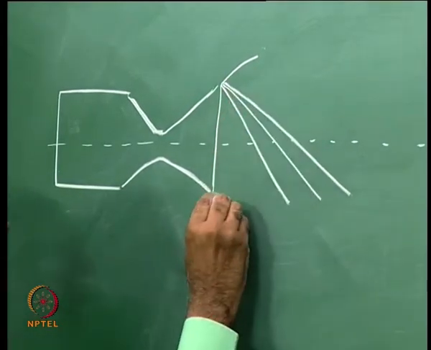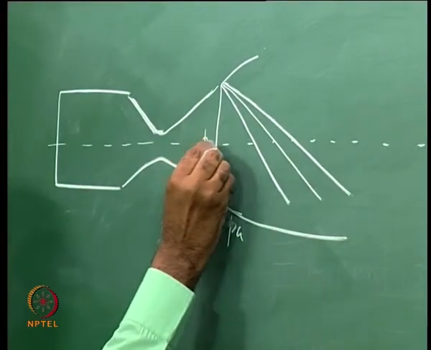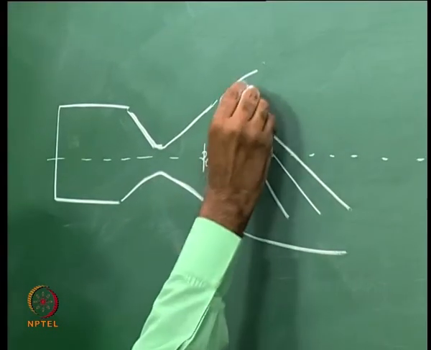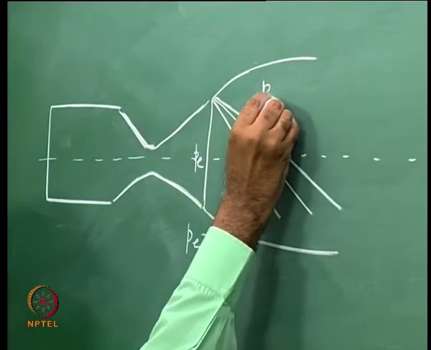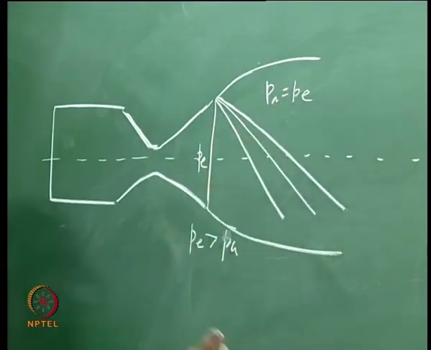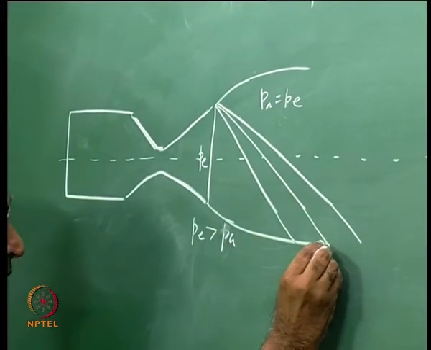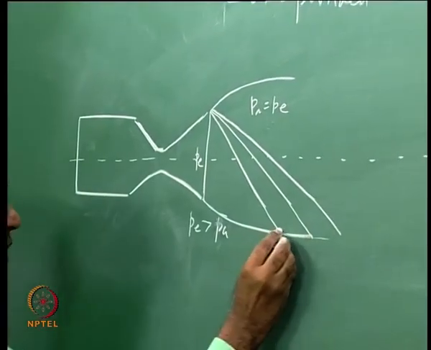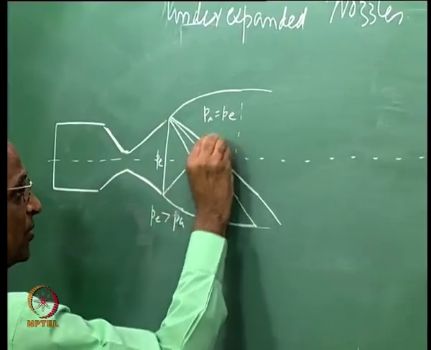That means the plume comes here, this is the low pressure region, this is the higher value of pressure, and when the flow expands out, I have here the back pressure which is the ambient pressure equal to PE, and these are the expansion waves coming over here. Similarly over here on the other side, I have the same expansion fans coming over here.